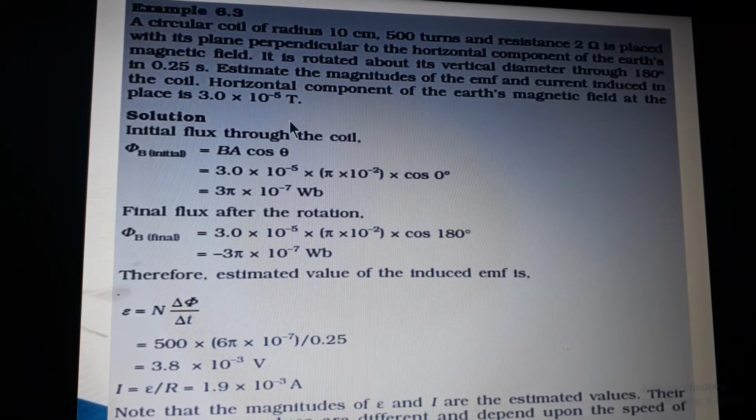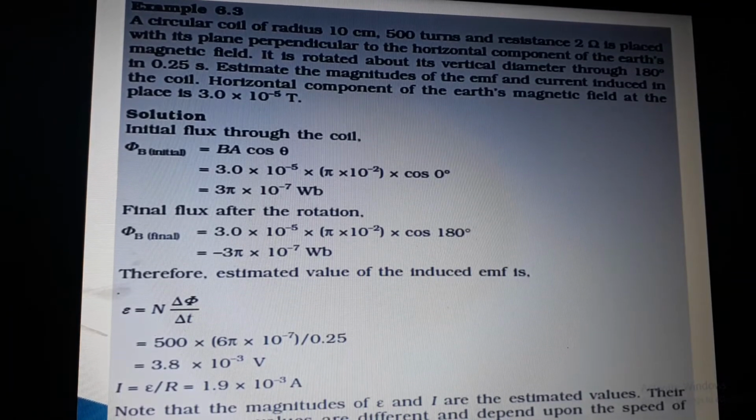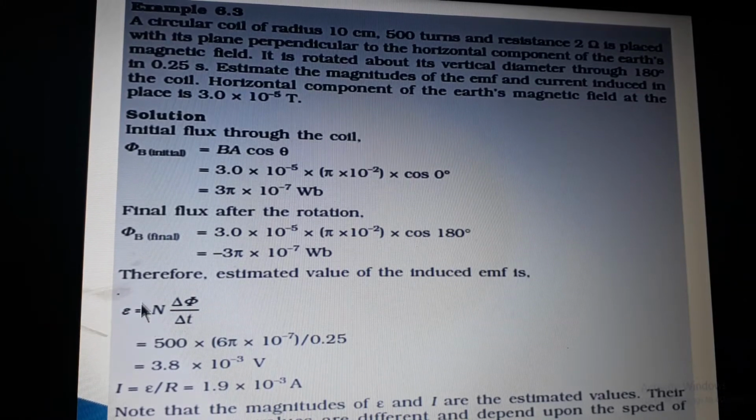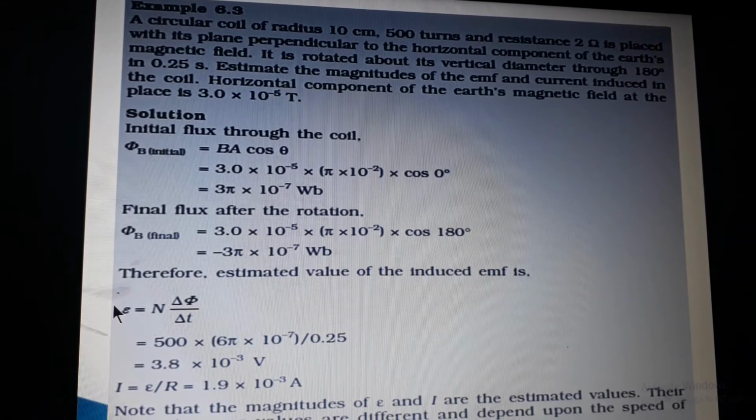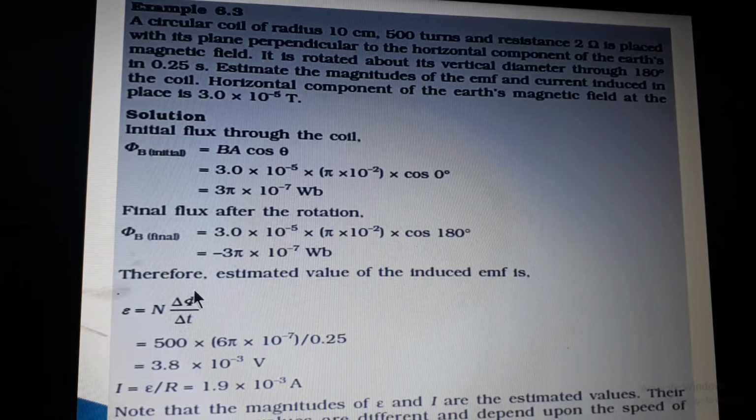In the same way as solved in example 6.28, the EMF E is equal to delta phi by delta t, but here we change it, because the number of turns n is given. So the equation is E is equal to n delta phi by delta t.